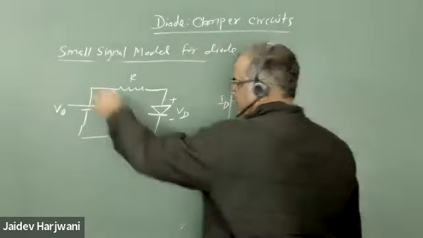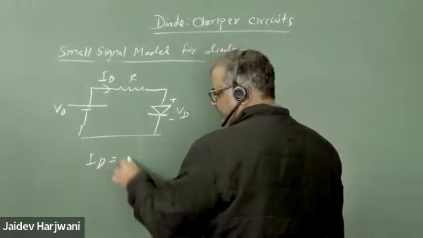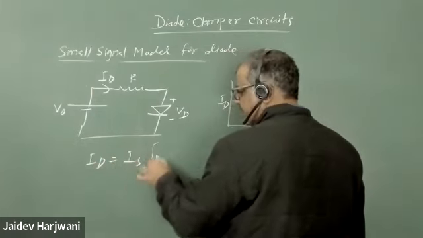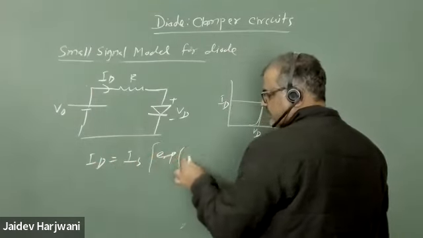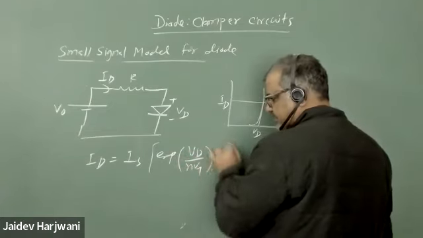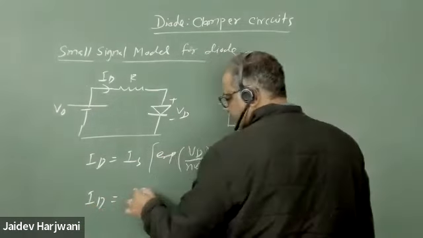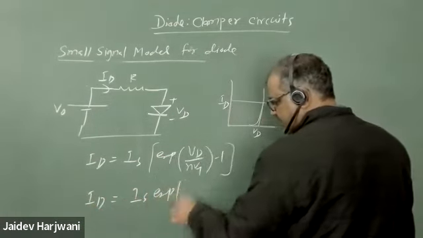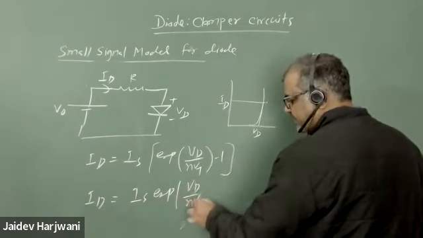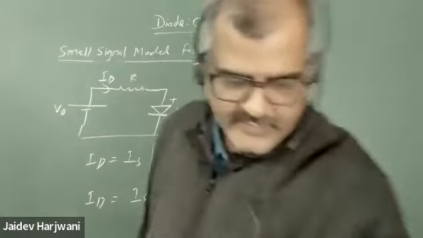Now the circuit current flowing is ID. ID is a forward current, and the forward current formula is reverse saturation current IS exponential of the voltage across the diode upon eta VT, minus 1. Now for forward bias, I can write ID equals IS exponential VD upon eta VT, isn't it? Is that clear?